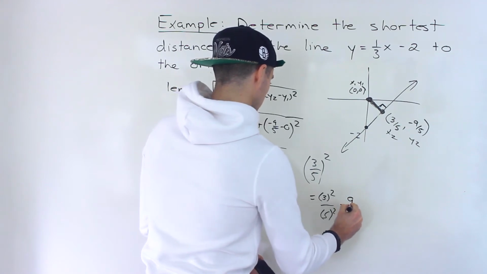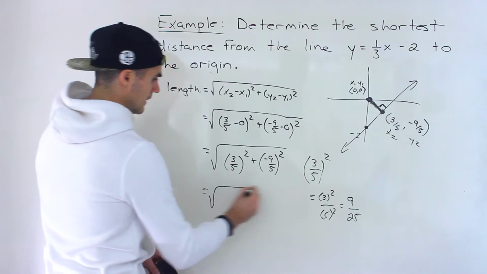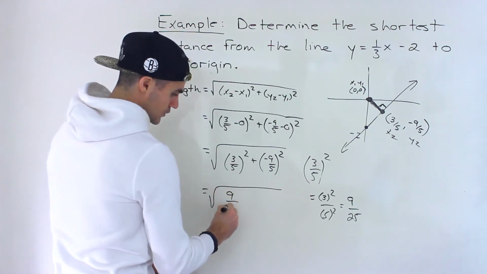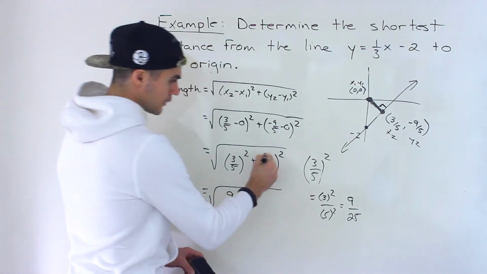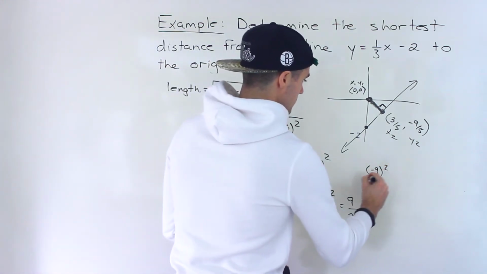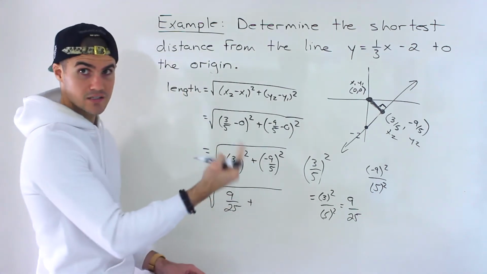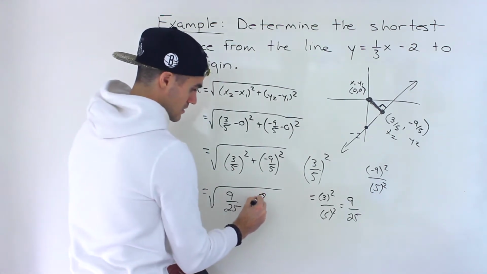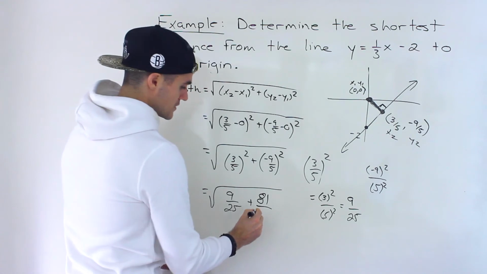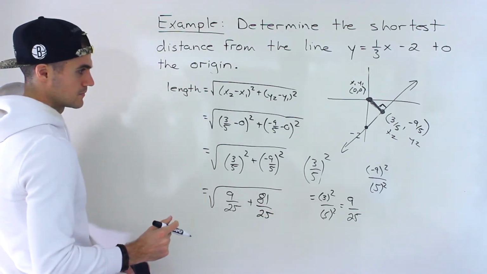So this would end up equaling 9 over 25. So we'd have the square root of 9 over 25. Over here, applying the same thing, negative 9 to the power 2 over 5 to the power 2, which gives us 81 over 25.